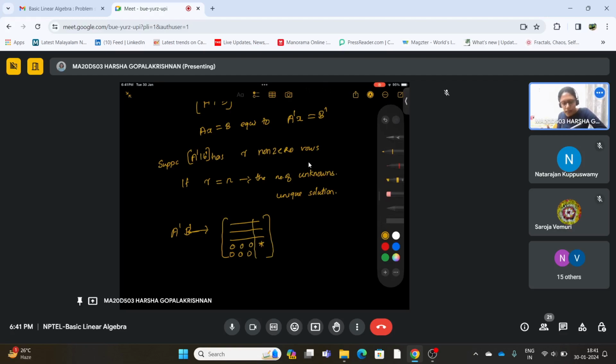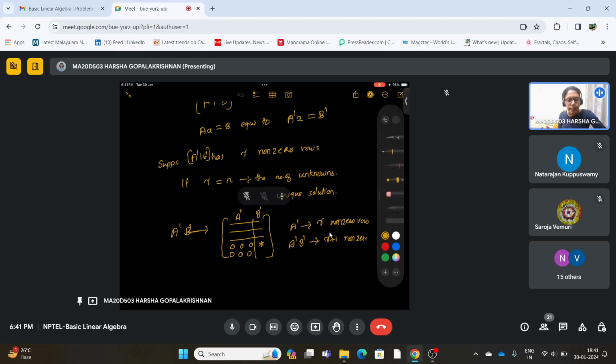The first part corresponds to A dash and this corresponds to B dash. In this case, A dash has R non-zero rows, whatever I have written as a line. But if we consider A dash B dash, it has R plus 1 non-zero rows.